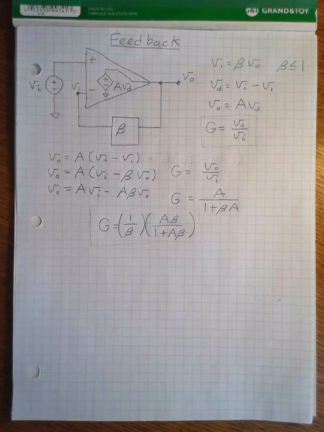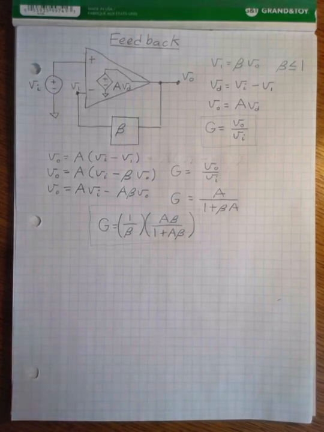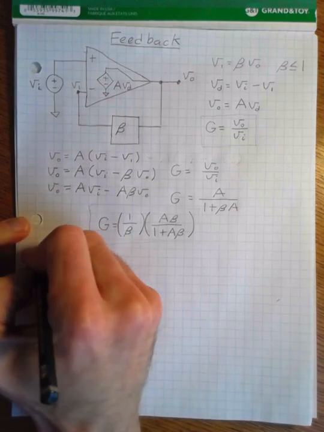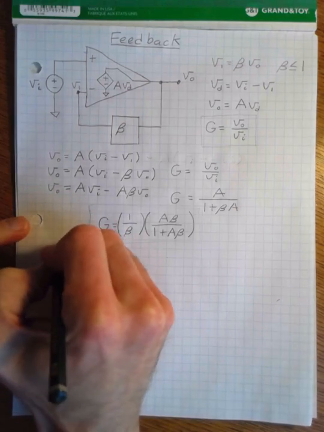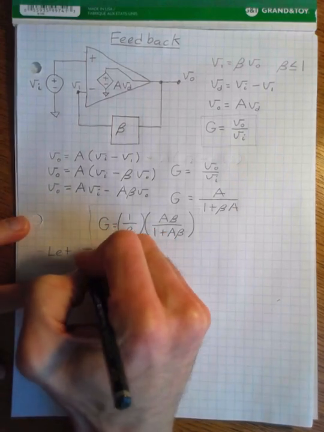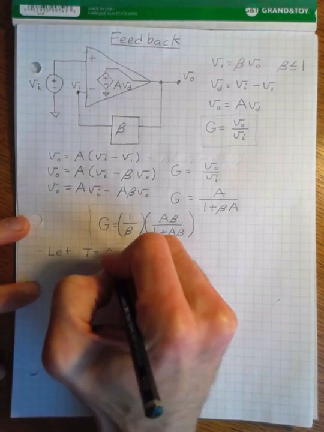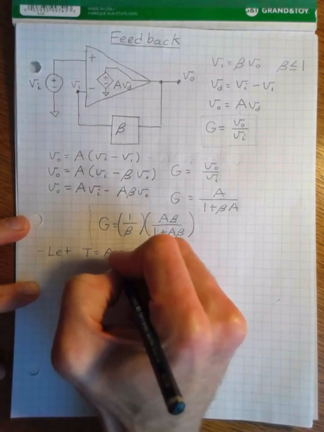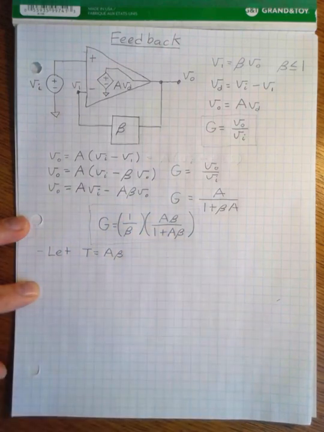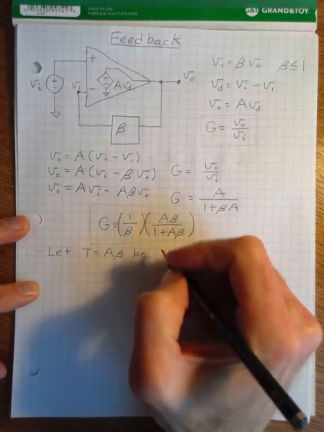And so now let's expand on this. So let's let T represent the product of A and beta. And let's call this our loop gain.